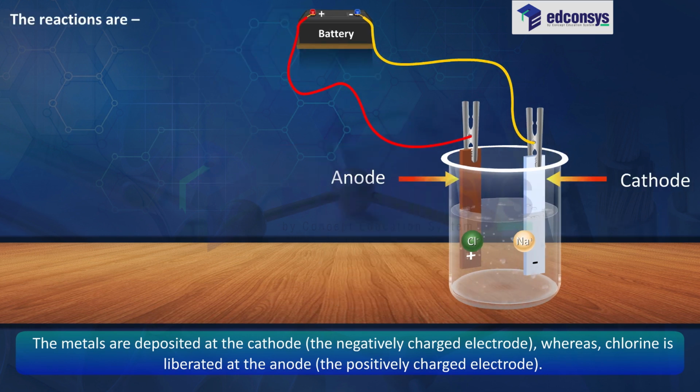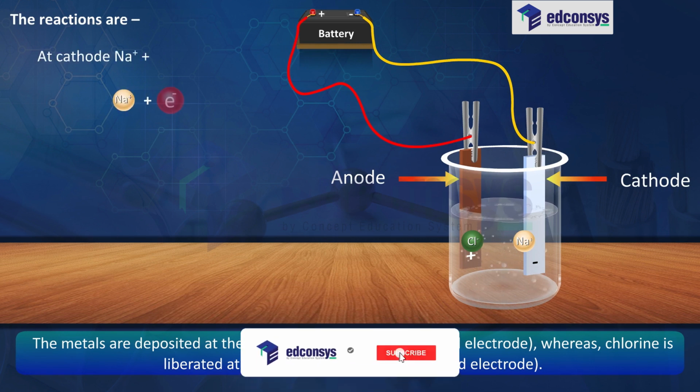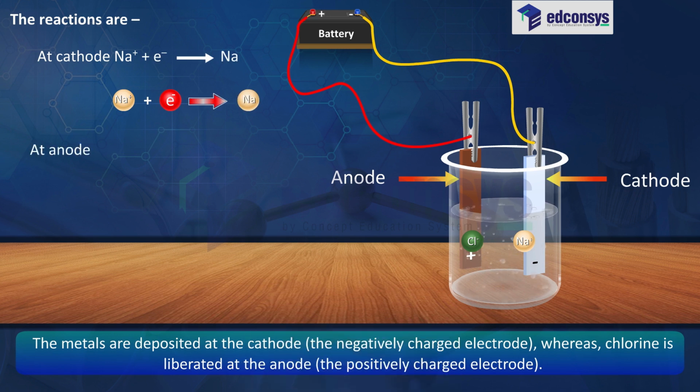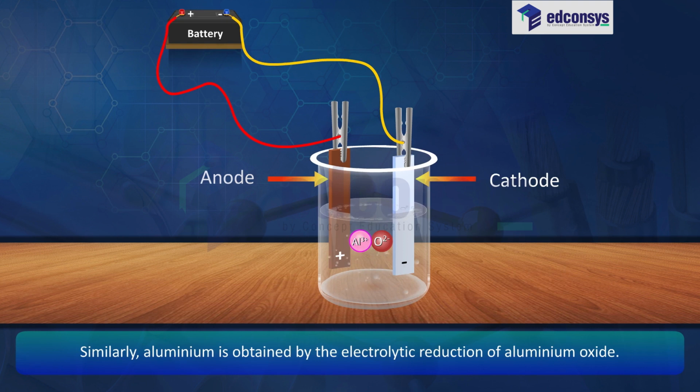The reactions are: at cathode, Na+ + e- gives Na. At anode, 2Cl- gives Cl2 + 2e-. Similarly, aluminum is obtained by the electrolytic reduction of aluminum oxide.